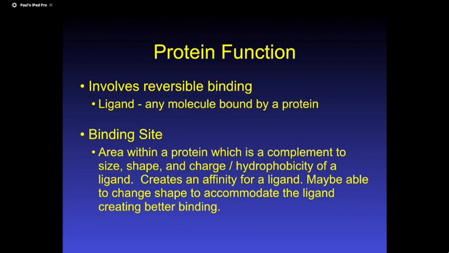All right. The binding site within the protein has to be a complement to that ligand. And so its shape, its polarness, its charge, its hydrophobicity will be optimized to bind that binding molecule, whatever it is. And it creates an affinity.